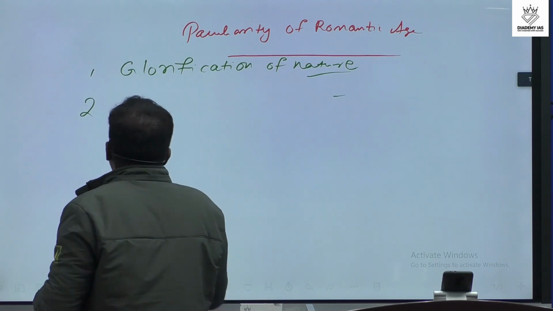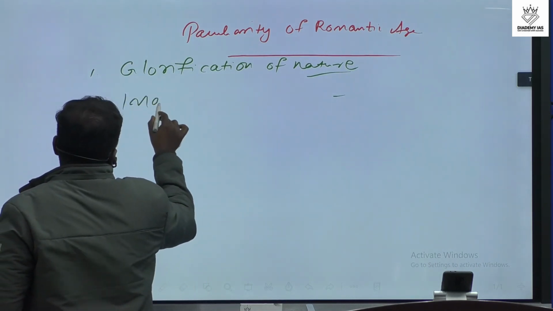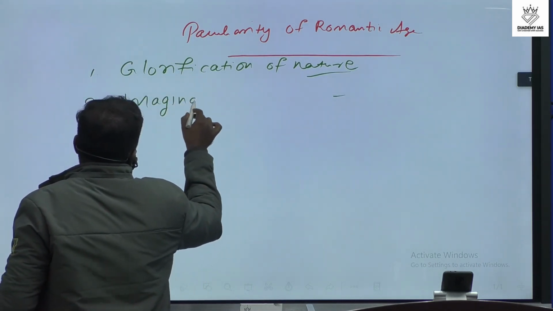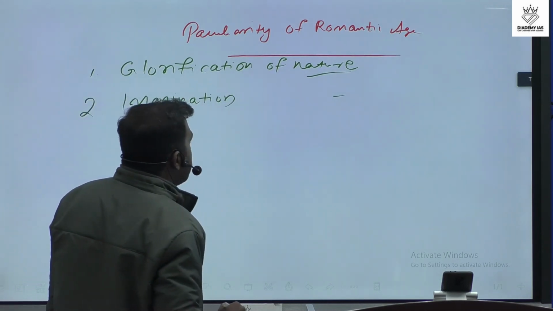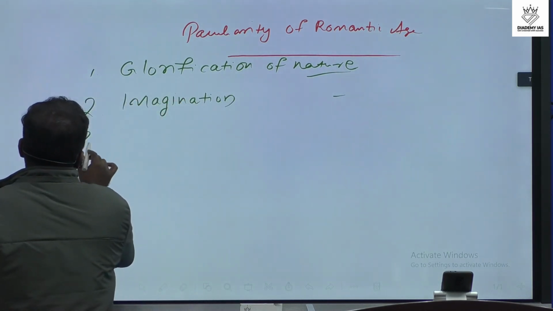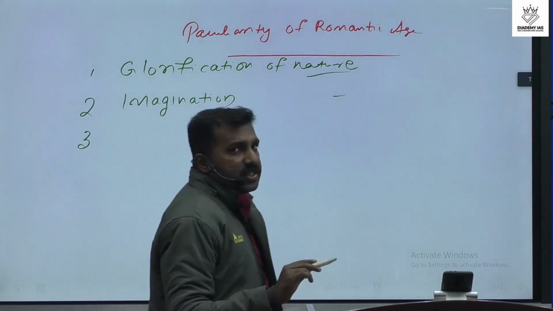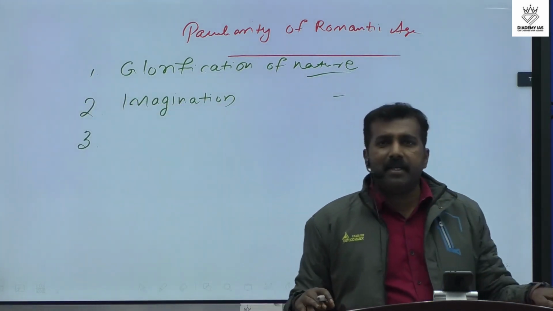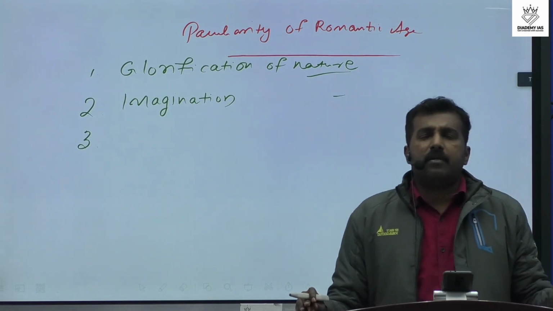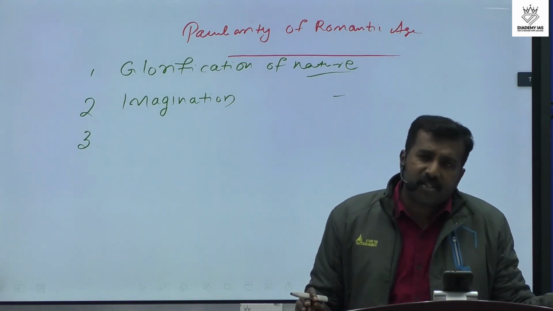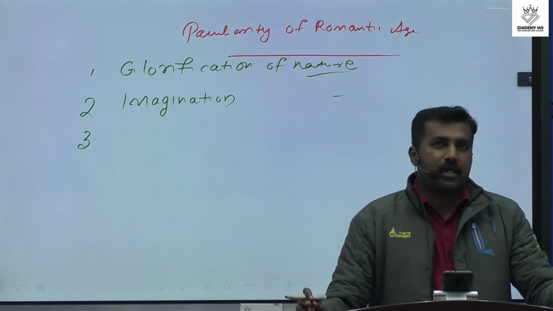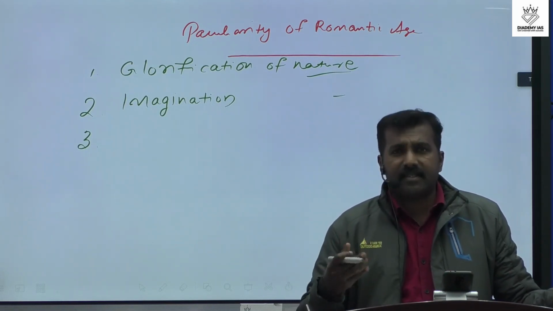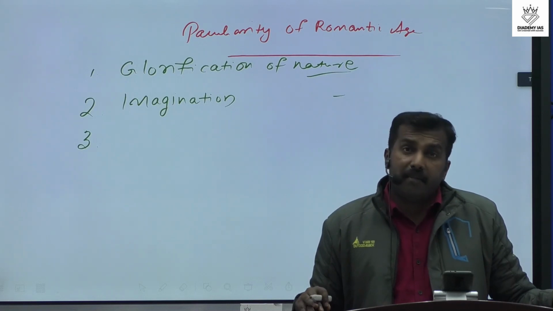And the second one is imagination. Imagination is the common feature during the Romantic age, in Romantic literary works. That means during that time, all the literary works were based on imagination, not relating to logic or reason.